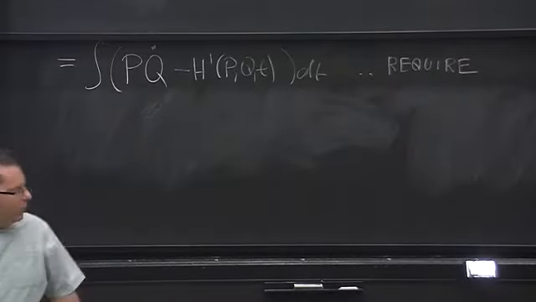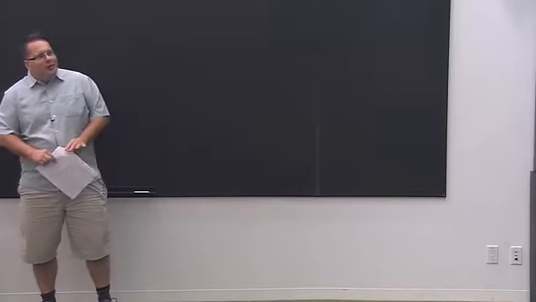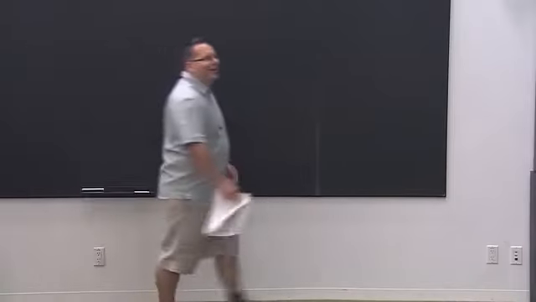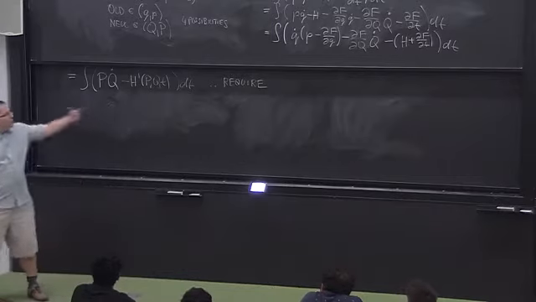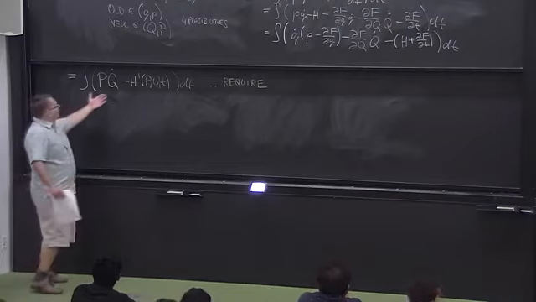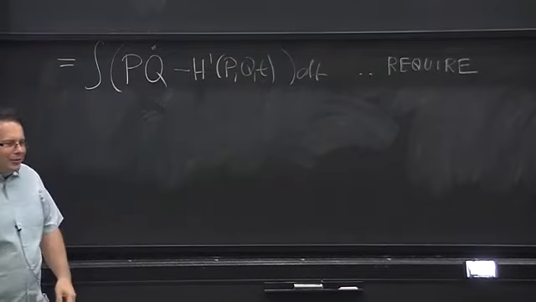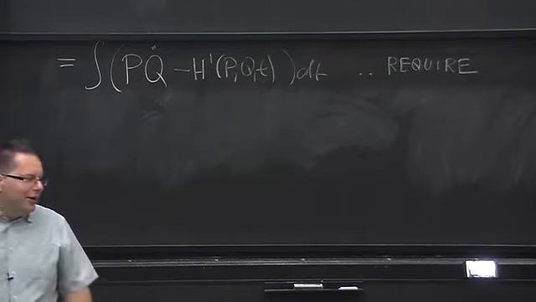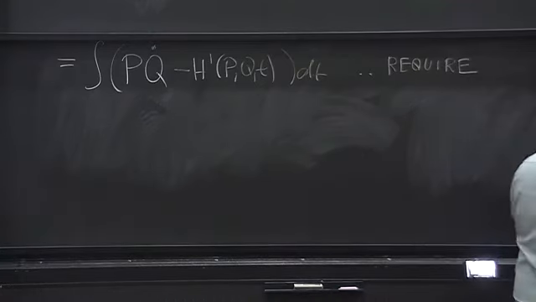Okay, so now let's do this, definitely not like mathematicians. Let's compare term by term. First of all, do we see here any small q dot? We don't see any small q dot here. That means whatever stands in front of q dot here has to be equal to 0.